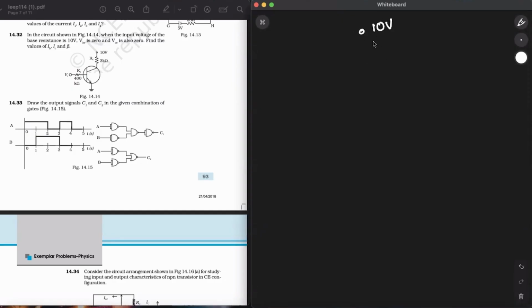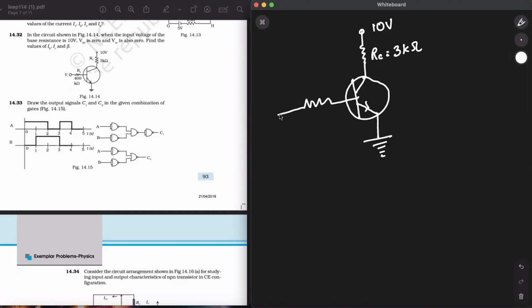Here there is 10 volt. Okay, RC is given to us as 3 kilo ohm. Here is V input. This resistance RB is over here, which is nothing but 400 kilo ohms.